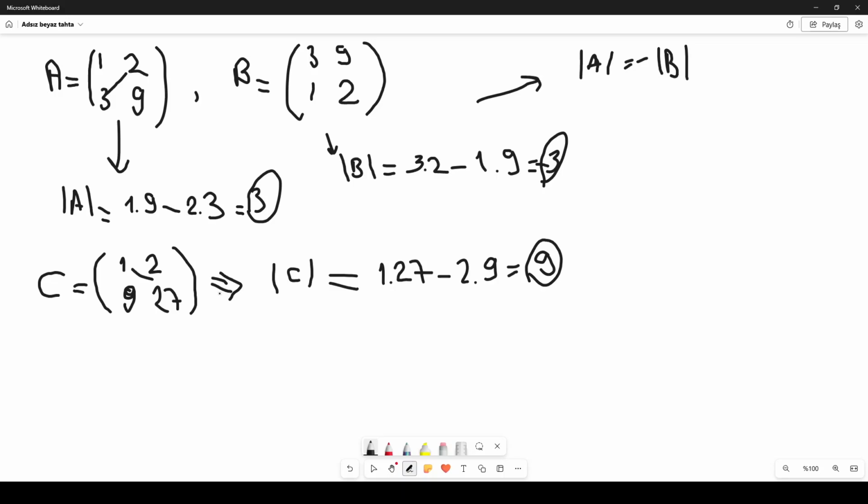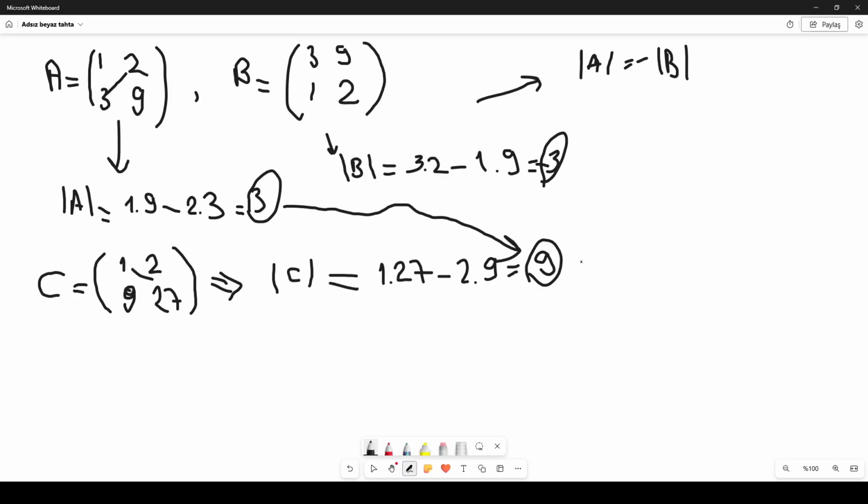If you notice, guys, I just multiplied one of the rows of A by a scalar 3, and the determinant moves from 3 to 9, so by the same magnitude. It was 3, but multiplying the second row by 3, the determinant also increased 3 times.